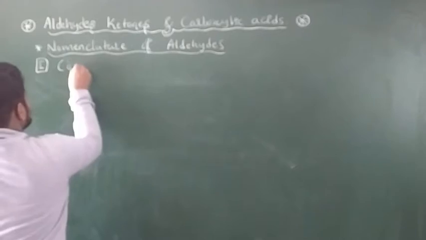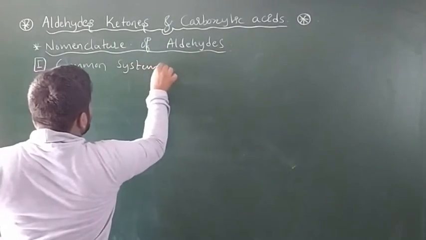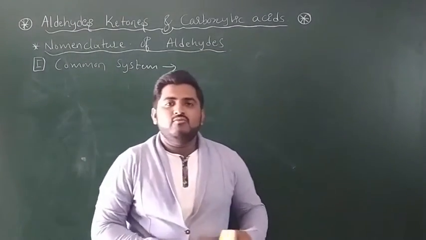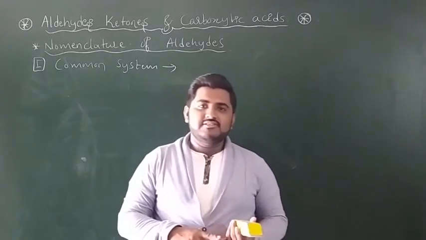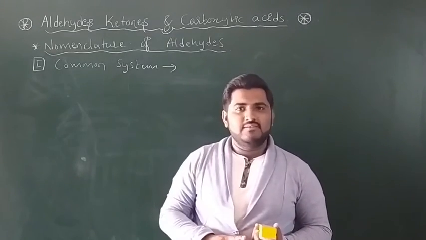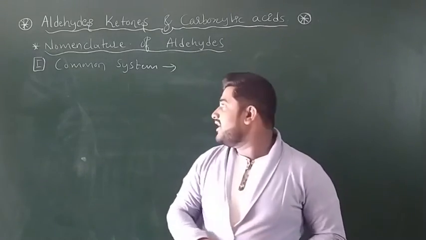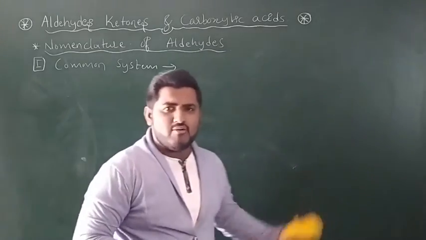First one is the common system. So you know already, whatever the organic compound may be, we use two types of nomenclature. First one is the common system. Another one is the IUPAC system, that is nothing but International Union of Pure and Applied Chemistry. Okay, so first we will study the common system. Common system means common name.